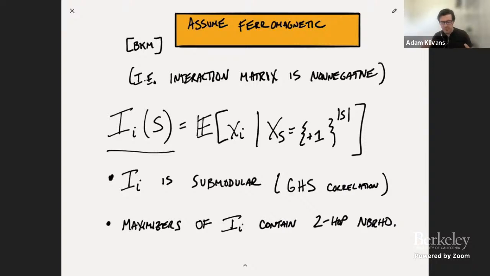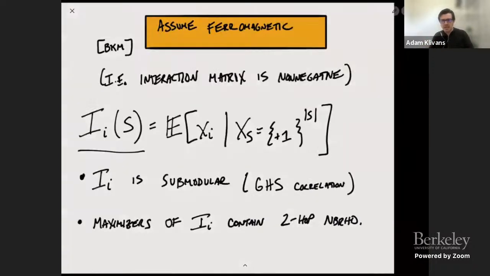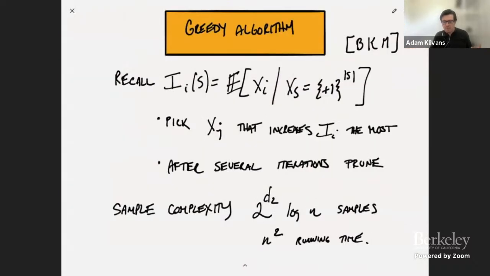Okay, so they prove a very nice structural property, and that leads to a very natural greedy algorithm for learning the two-hop neighborhood. Recall we have this discrete influence function, and given xi, I can pick the variable xj that increases the discrete influence function the most. I can repeat that a bunch of times.